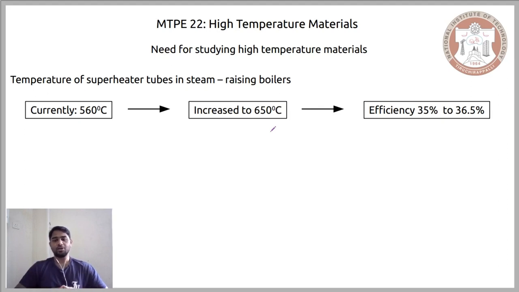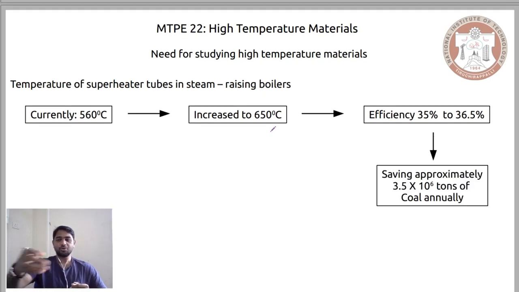Now, you might say 1.5% is not much of an increase, but if you translate it into the amount of coal involved in producing the efficiency of 36.5% instead of 35%, it is, as shown here, 3.5 into 10 to the power 6 tons of coal annually.